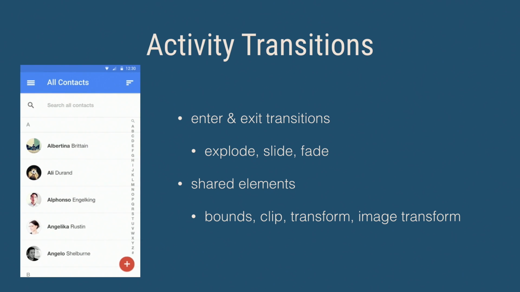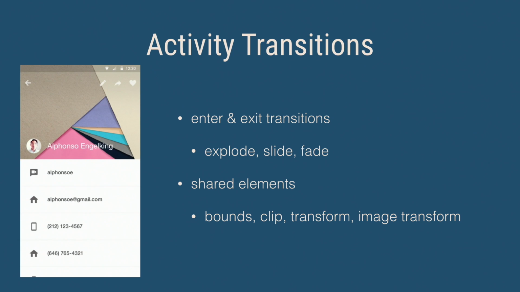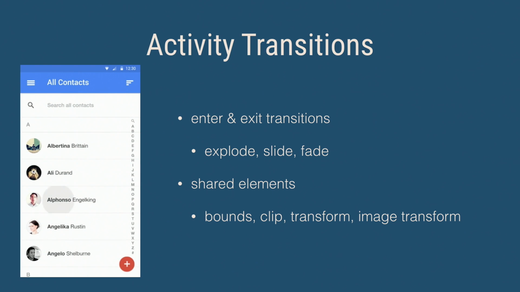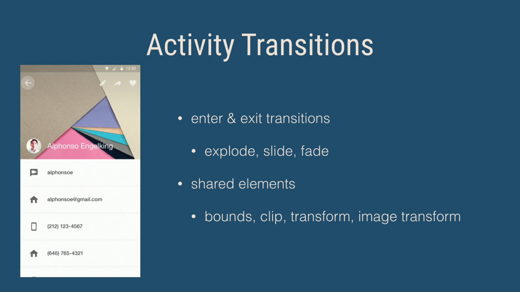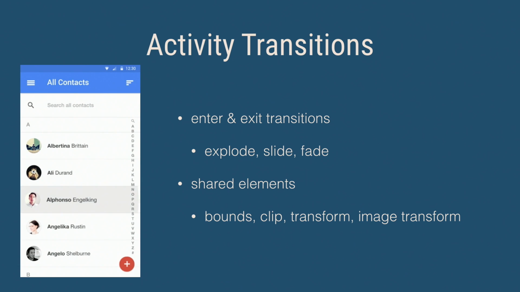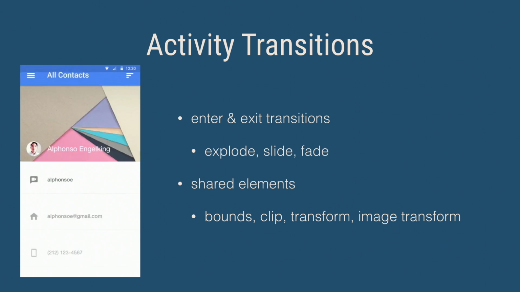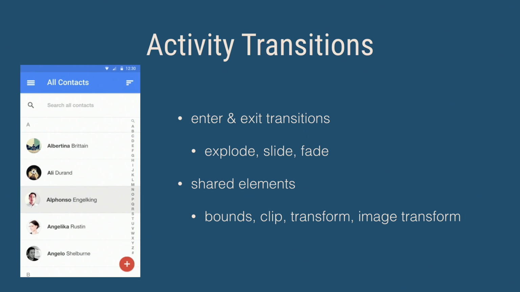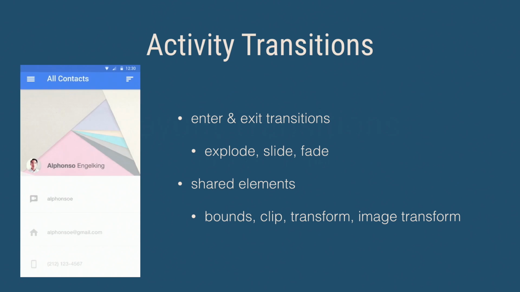When done really well, this can produce a very sensational effect. You can see on the sheet here, you could tell this guy is now here. It flows the information and the user from one activity to another very seamlessly.